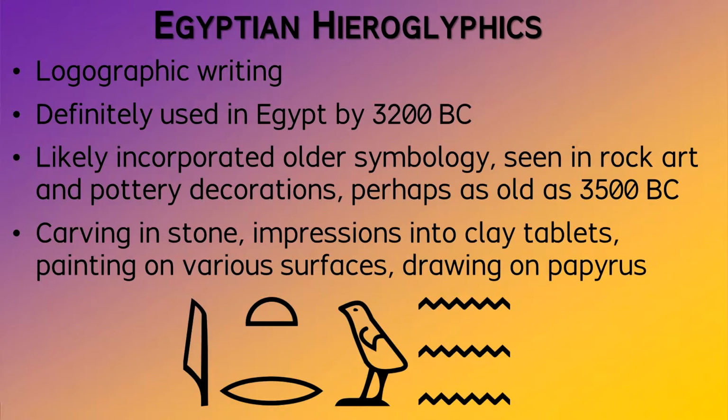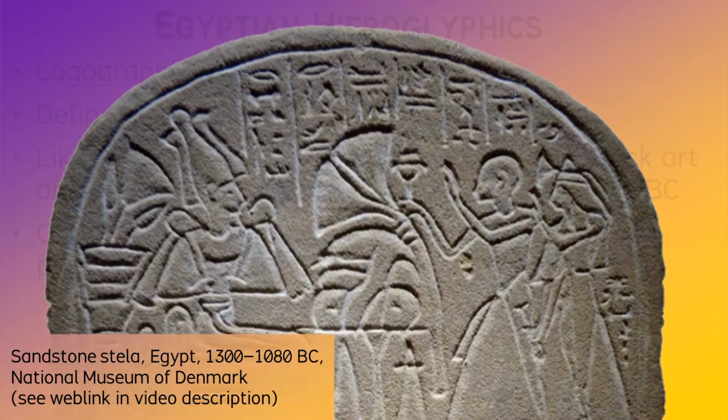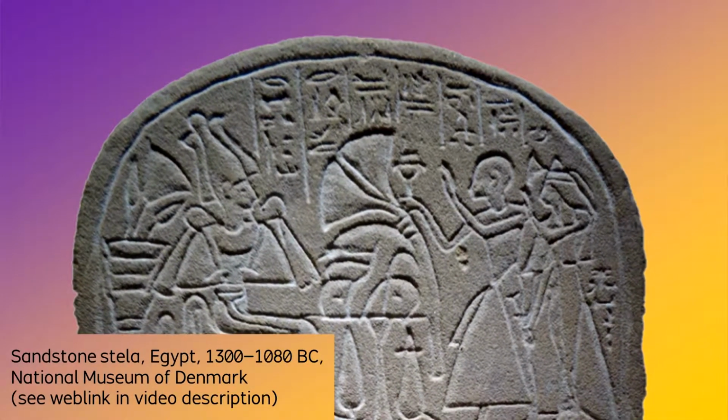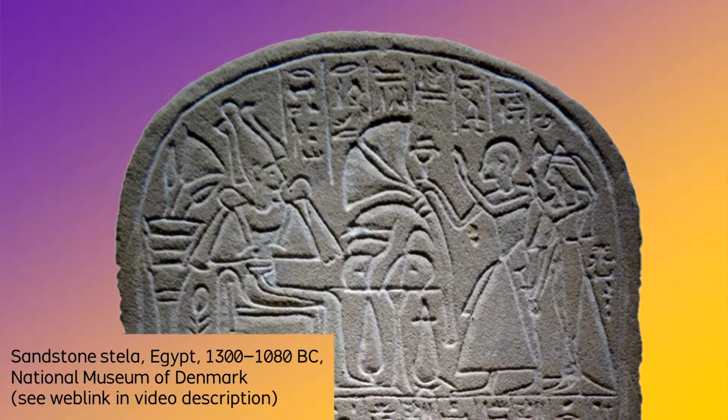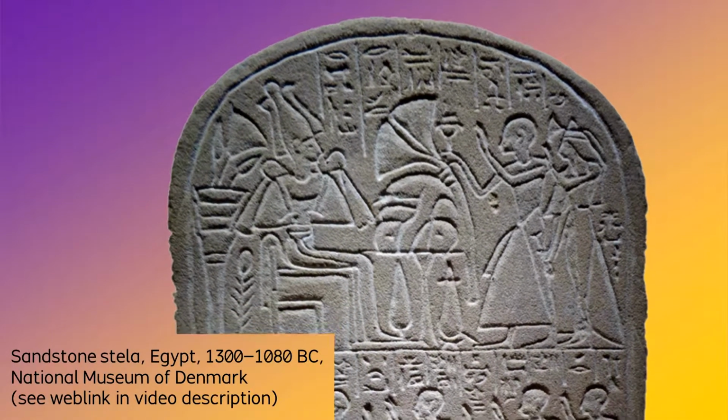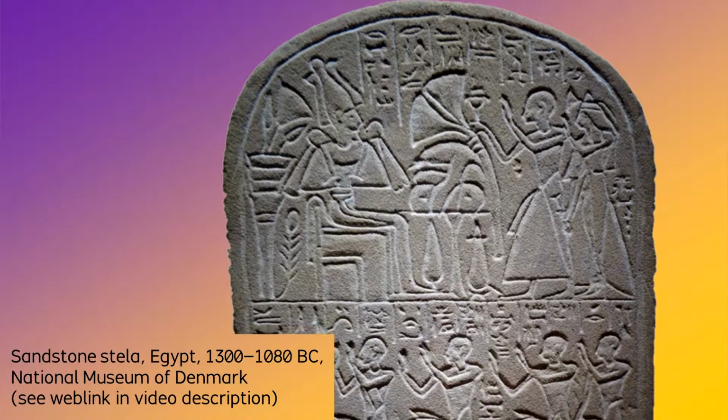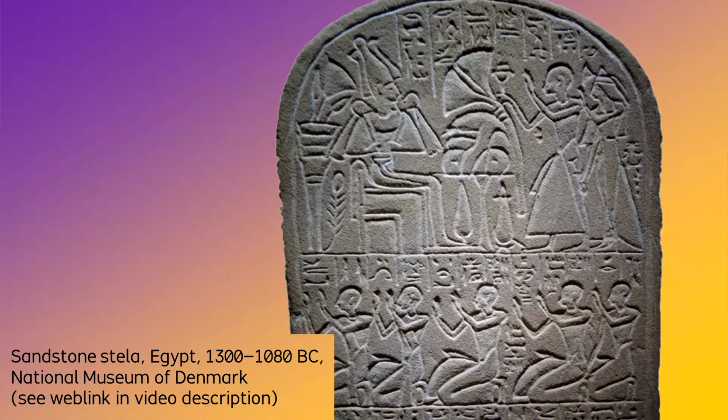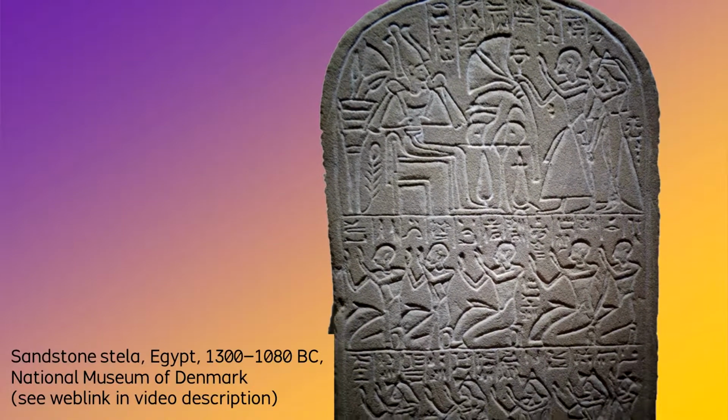Some of those elements possibly could be traced back to even older symbols in rock art and pottery decorations. Later versions of hieroglyphics would accommodate syllabary and alphabetic aspects, compatible with the changing language communities within and around Egypt.